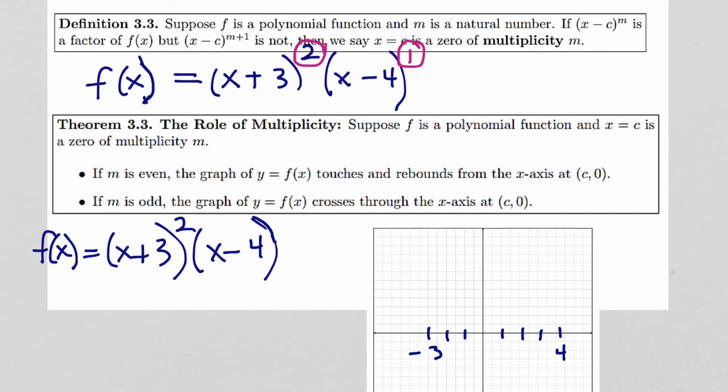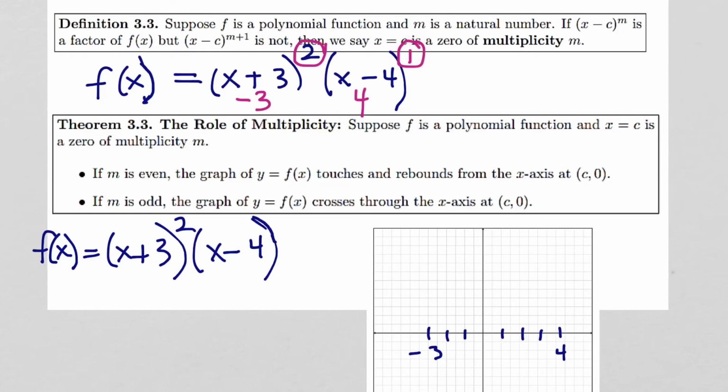The 0 of this factor, x plus 3 squared, is negative 3. The 0 of x minus 4 to the first power is 4. So what we would say is that we have a 0 of negative 3 with a multiplicity of 2. Here we would say we have a 0 of 4 with a multiplicity of 1.